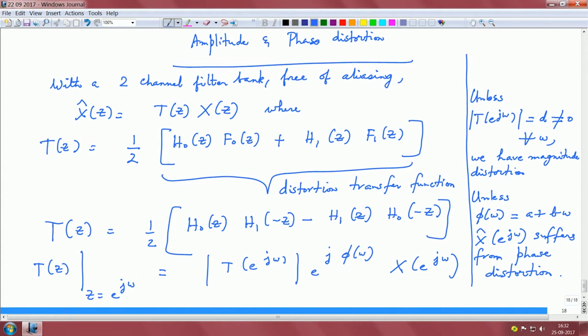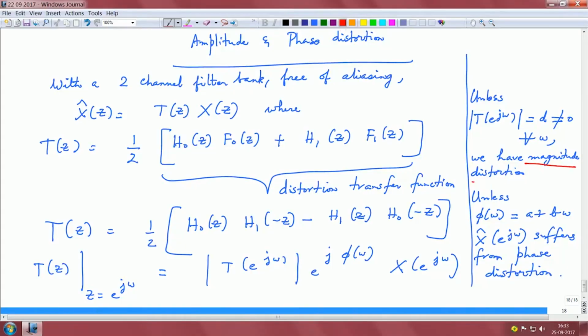That means, if you have a signal, this will have different frequency components, and imagine that you are sending the signal through a bank of filters, and each frequency is suffering some distortion in its amplitude and in its phase.